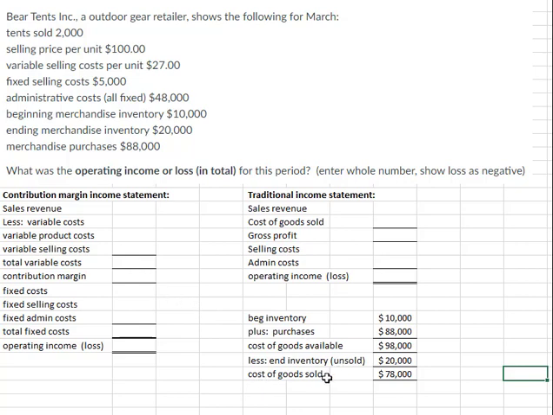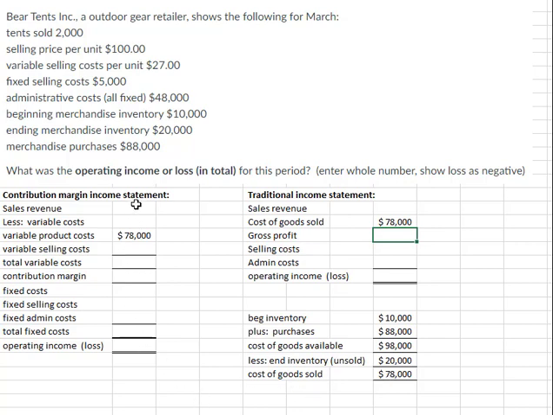Okay, so cost of goods sold is a variable cost. So it's going to be your variable product cost, and it's also cost of goods sold. Some organizations' cost of goods sold is a combination of variable and fixed. When you make the thing, some of your costs in the factory are fixed and some are variable. But for retail, cost of goods sold is all variable.